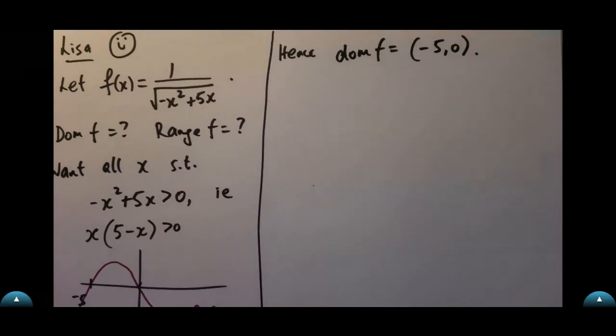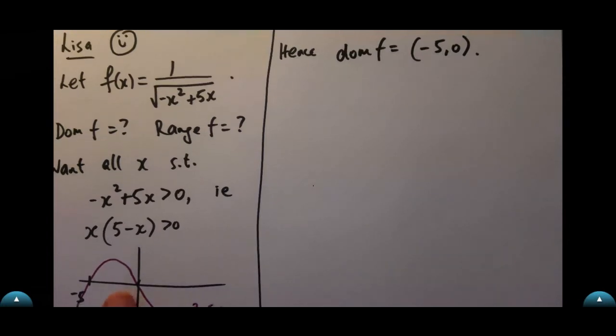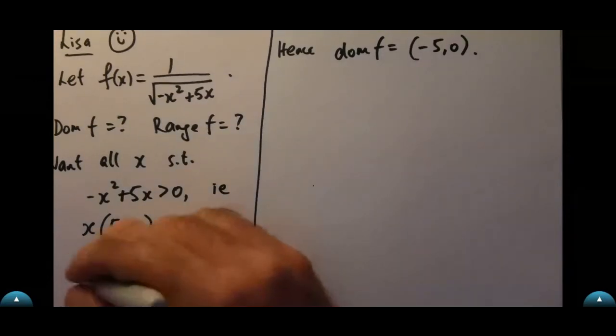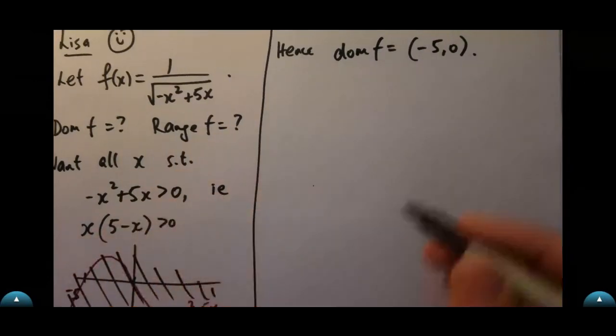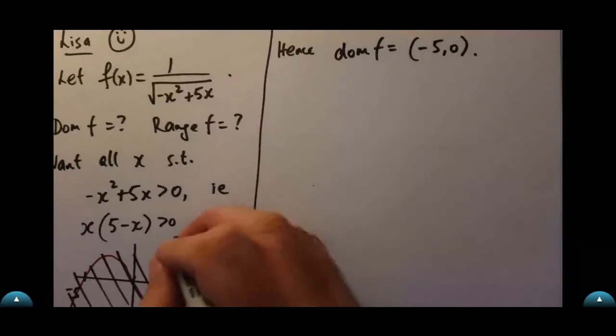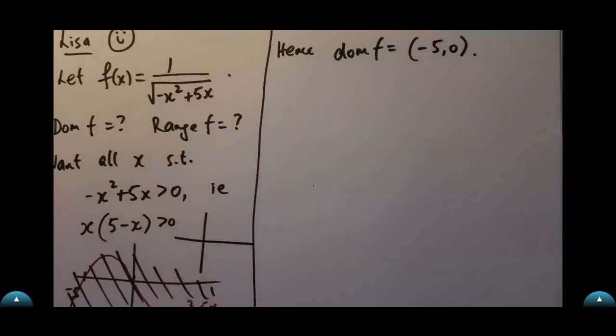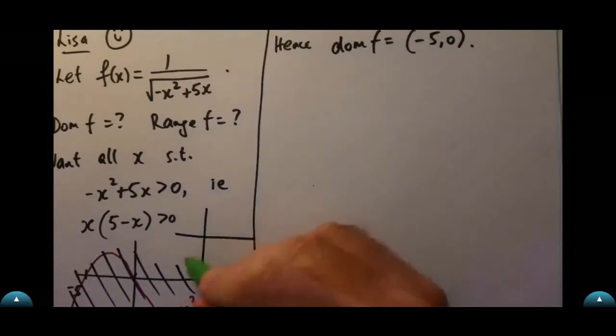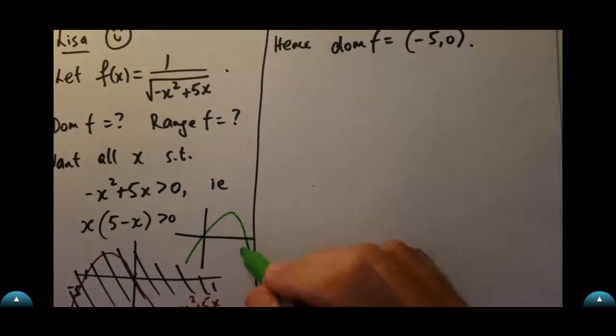-5, right? Oh, hang on. Have I made a mistake with my picture there? Sorry, I've made a mistake with my picture. That's not good. Okay, 5 and 0.